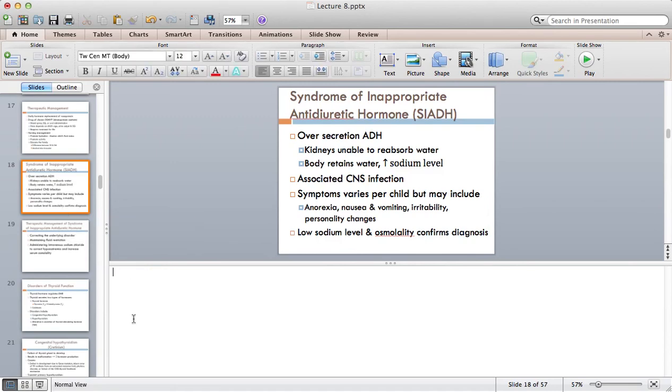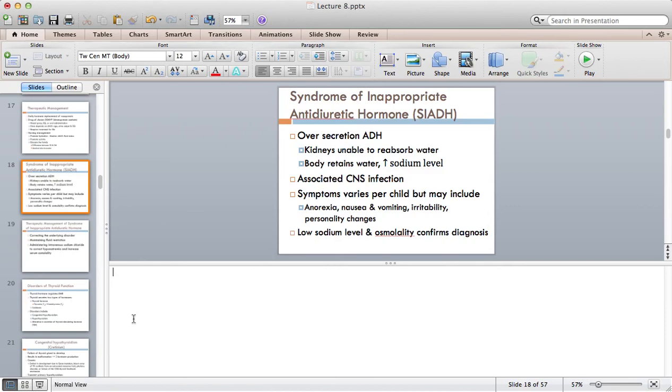So the body retains water, and this can be associated with infection of the central nervous system. And that child can become irritable.